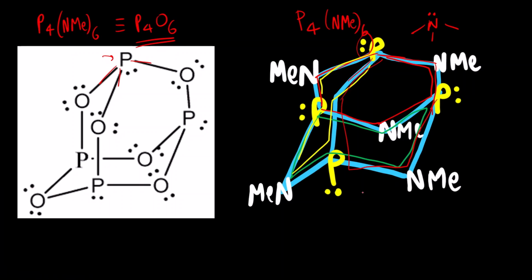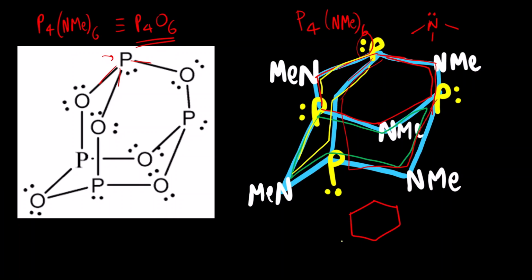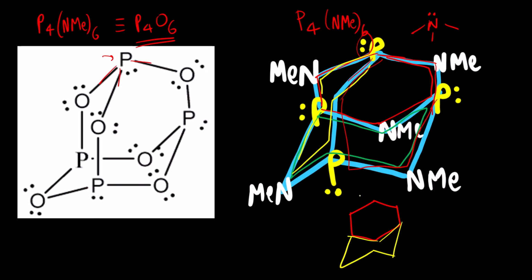Let me draw again. In the back we saw this is 1 ring, and then to this there is one 6-membered ring attached, drawn in yellow. So 2 rings. Then 1, 2, 3, 4, 5 and 6.